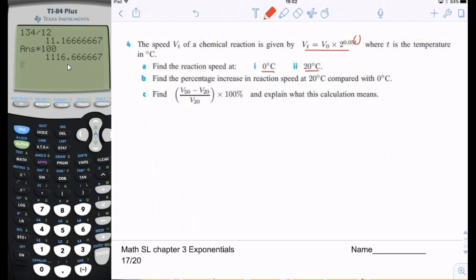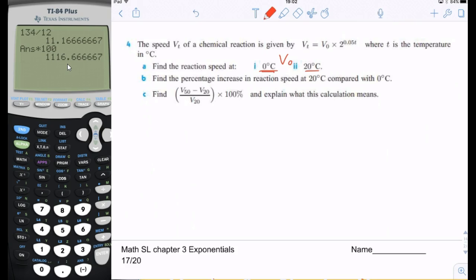And so if we're finding the reaction speed at 0 degrees C, we're going to put 0 in for t, and that makes this part of the equation into a 1. And so then we know that v0 is the reaction speed, okay? And we don't know what v0 is, so we're just going to say that the reaction speed is v0.